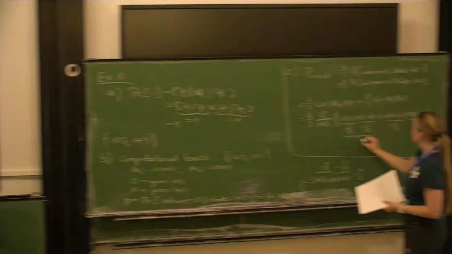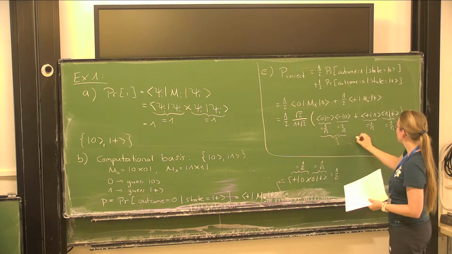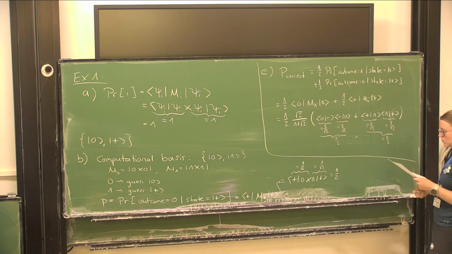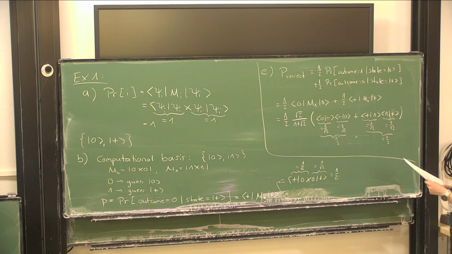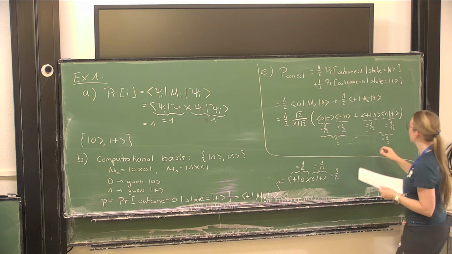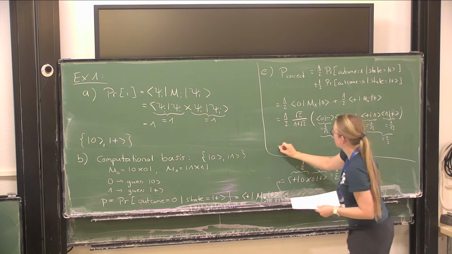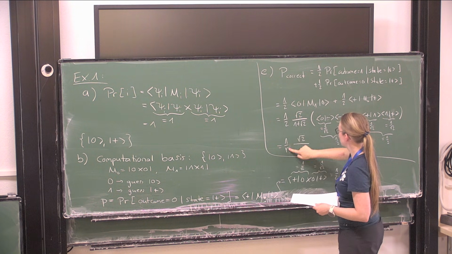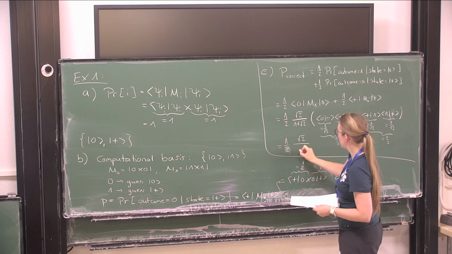So this is 1/2 plus 1/2. So my result is 1/2 times this prefactor.